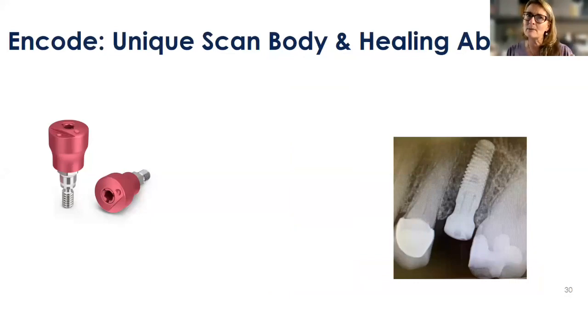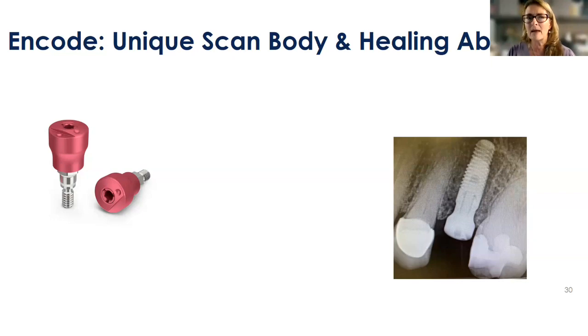I did want to mention ENCODE. ENCODE is the easiest thing out there to scan because the ENCODE healing cap or healing abutment is the scan body. There's no need for removable, and you're just scanning the ENCODE itself. This is a new one. It's called the Emergence ENCODE.